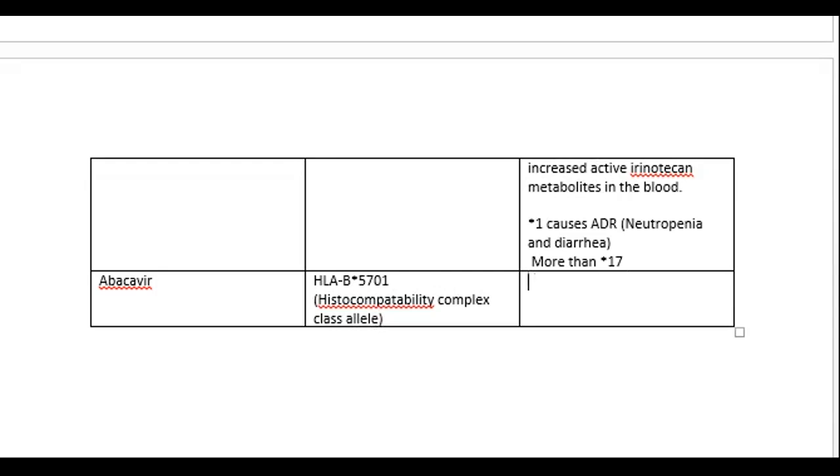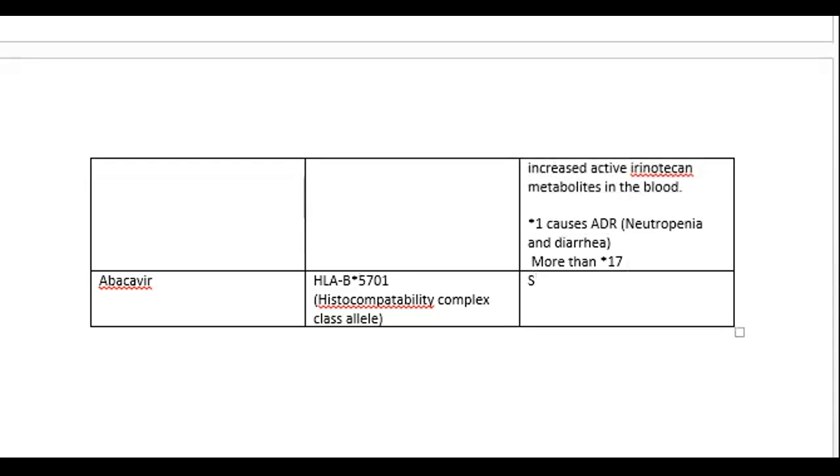The majority of the patients with this histocompatibility complex allele have experienced severe hypersensitivity reactions. Not only with abacavir, but there are many other drugs where patients expressing this complex class have experienced this.